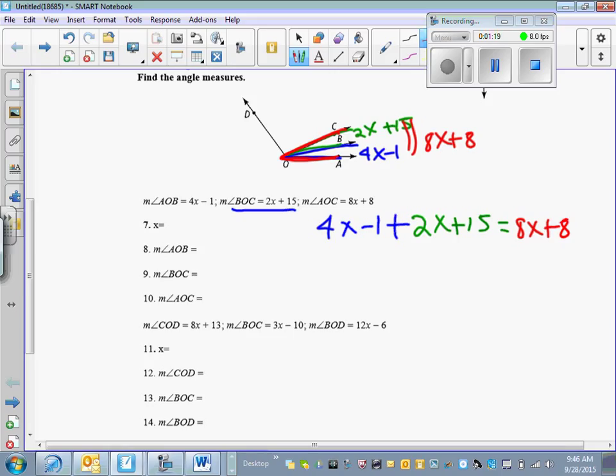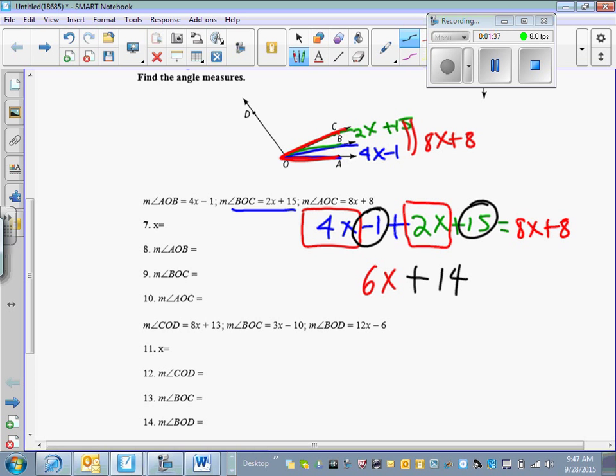And again, when you have an equal sign, the numbers or variables that are before the equal sign, you just combine them as they are. So 4x plus 2x gives you 6x, then minus 1 plus 15 gives you 14, equals 8x plus 8. Then when I'm taking it to the other side, that's when I do the opposite: minus 6x from both sides.